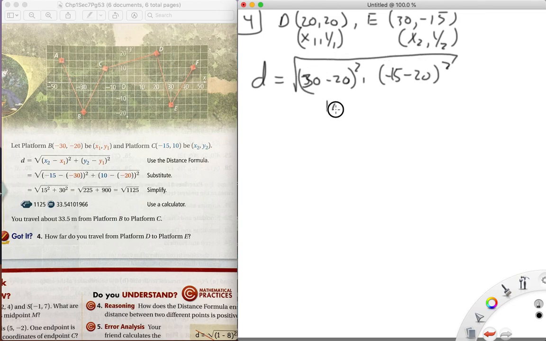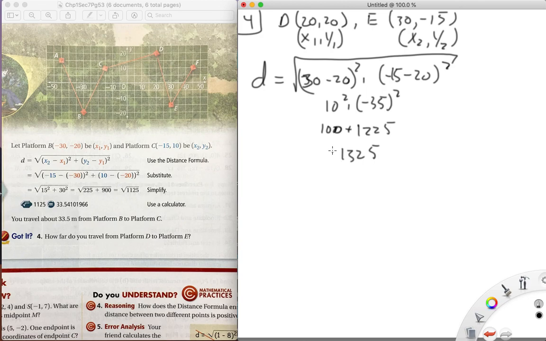So this is 10 squared plus negative 35 squared, which is 100 plus a big number, 1,225, which is 1,325.